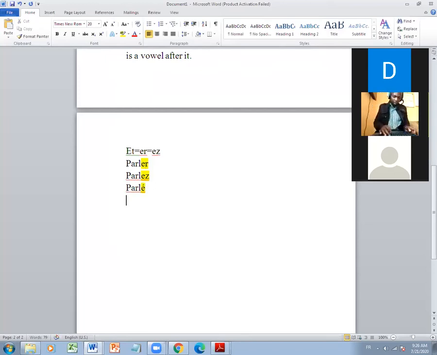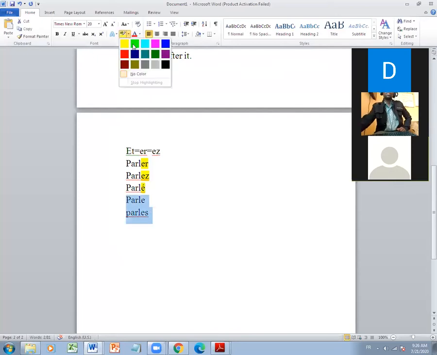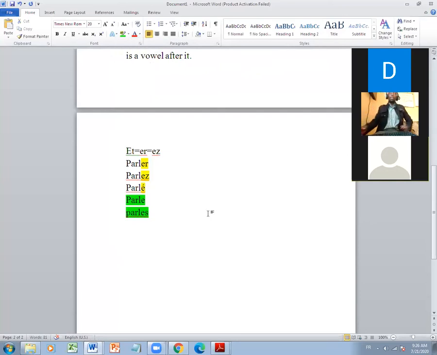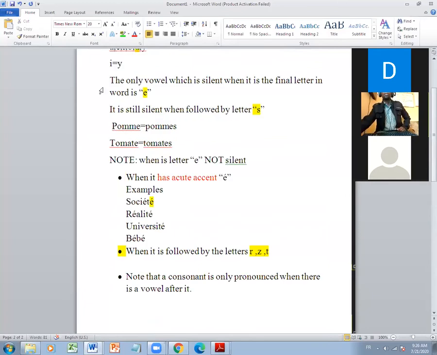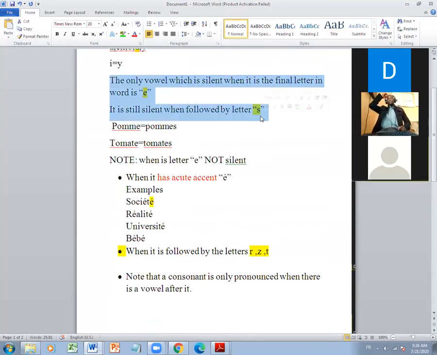But now, how will you read this one? Parle. Is the last E pronounced? No. Parl. Yes, I want you to balance the two. Remember what I said here? Read that part.